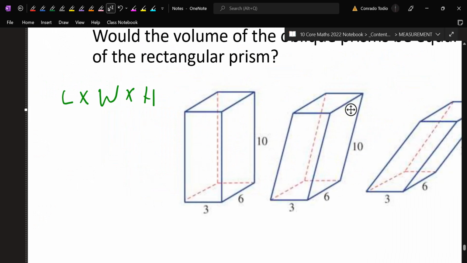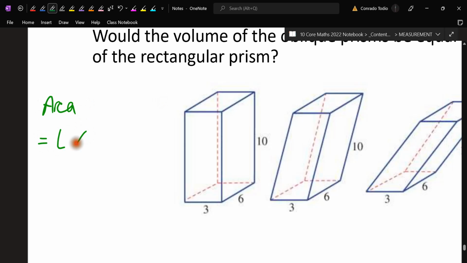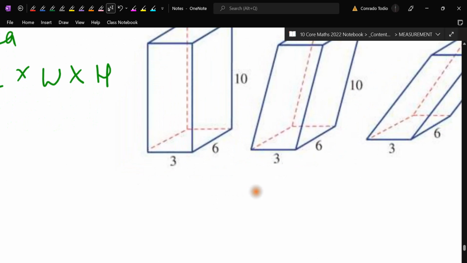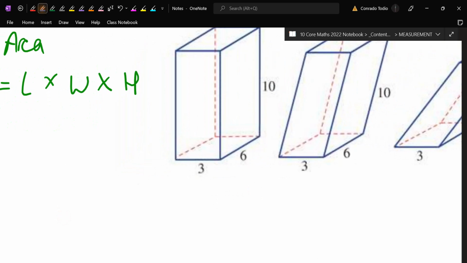So that's for any shape. The formula won't change, but your numbers might for most of these shapes: length, width, height.